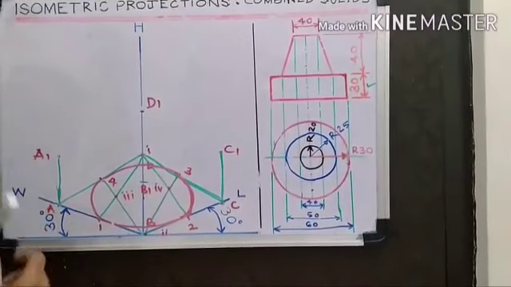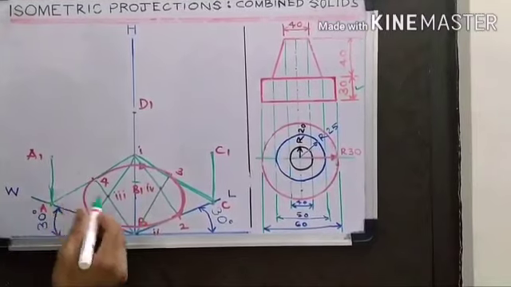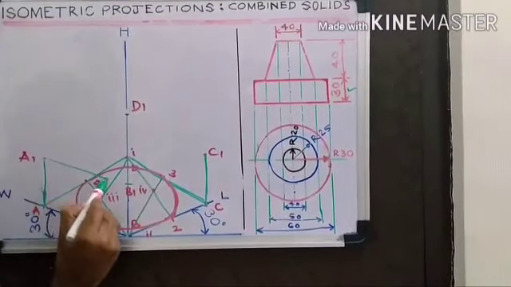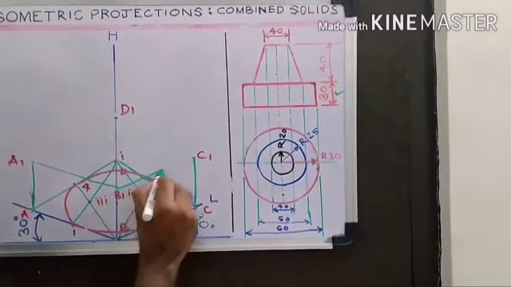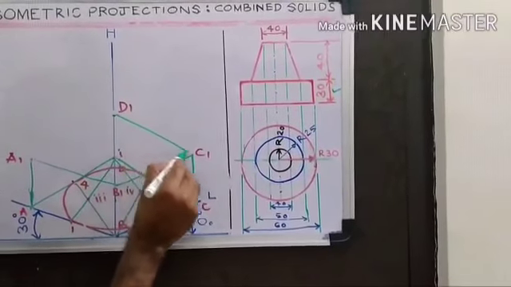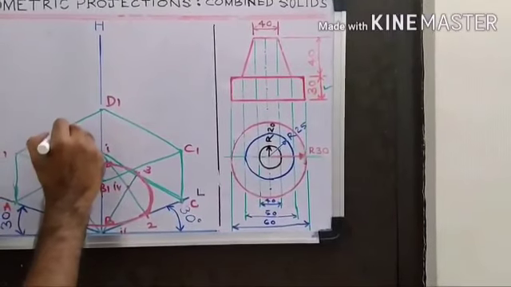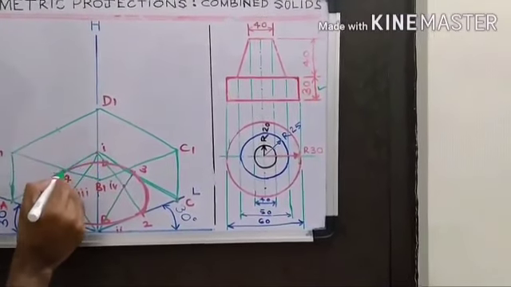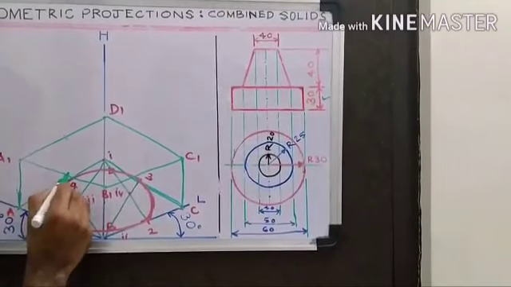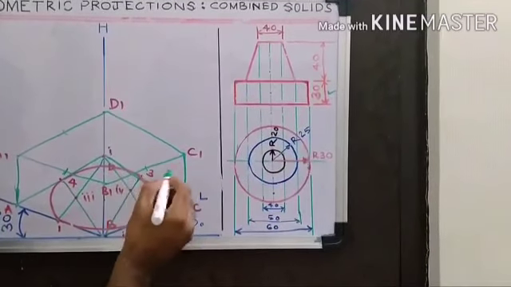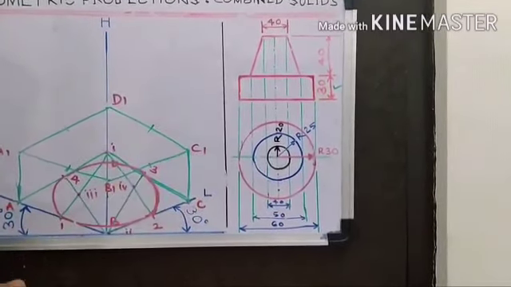Now joining the points A1 B1, B1 C1, C1 D1 and D1 A1. Again locate the midpoints for A1 D1, A1 B1, B1 C1, C1 D1.